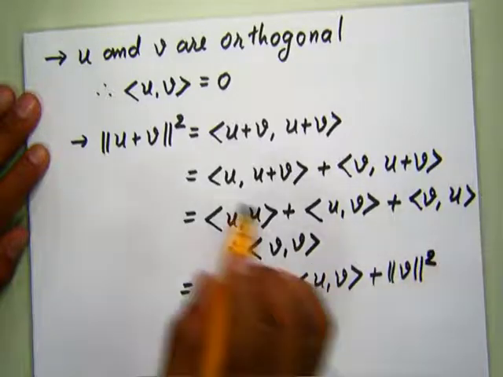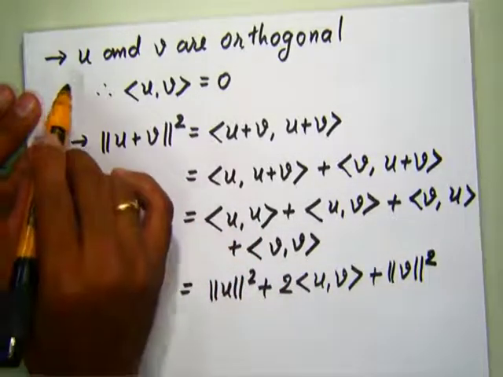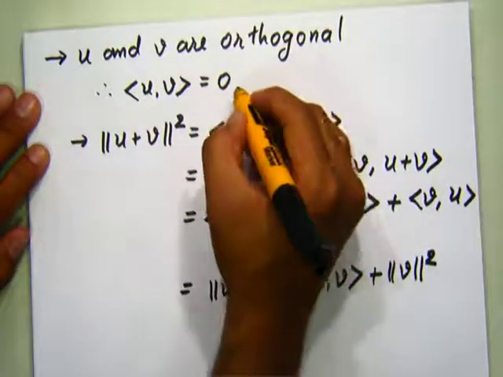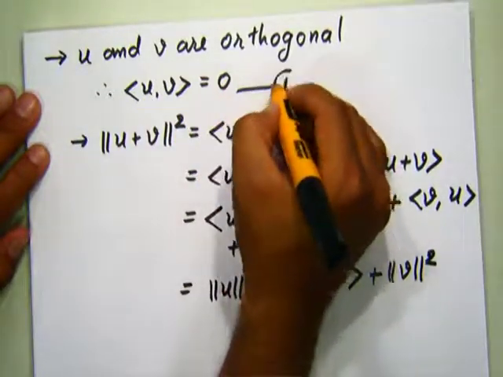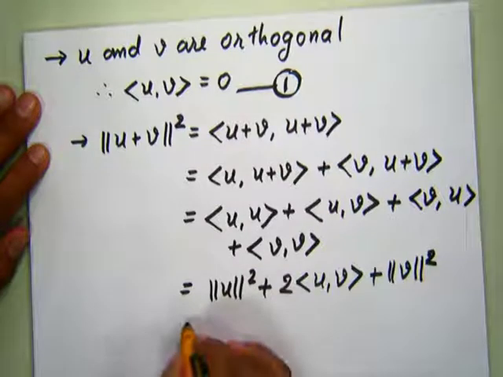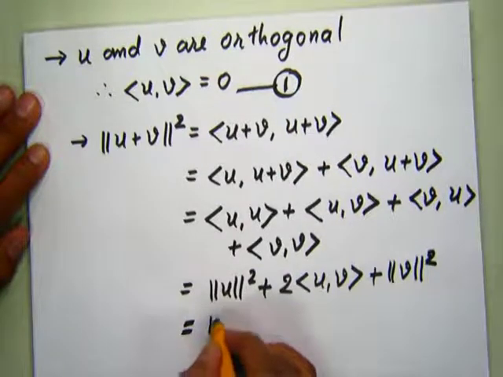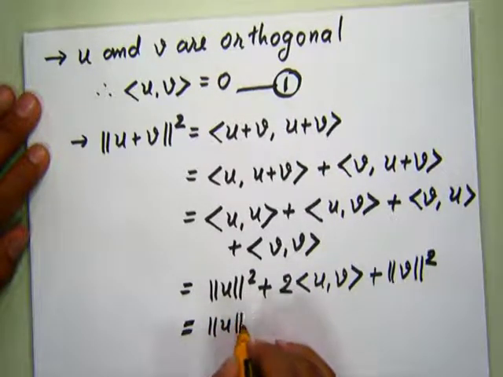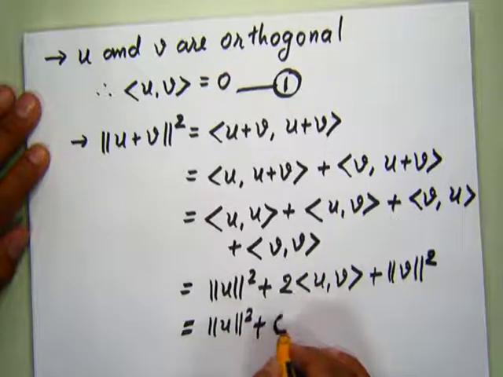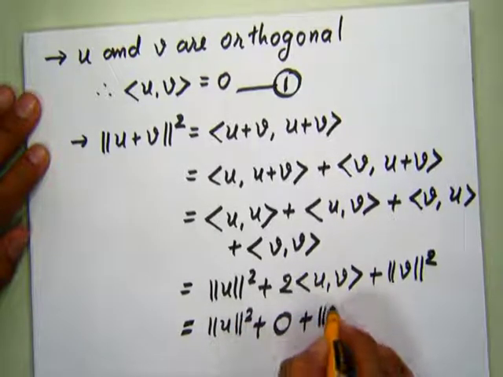Now here our vectors U and V are orthogonal. So if I write here equation 1, then using this 1, norm of U square plus 0 plus norm of V square.